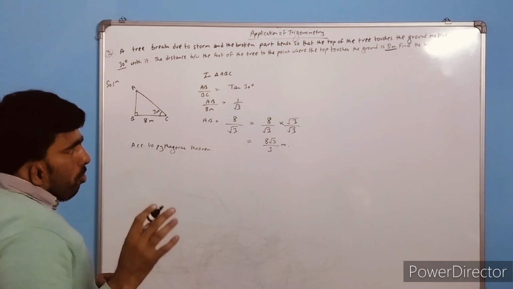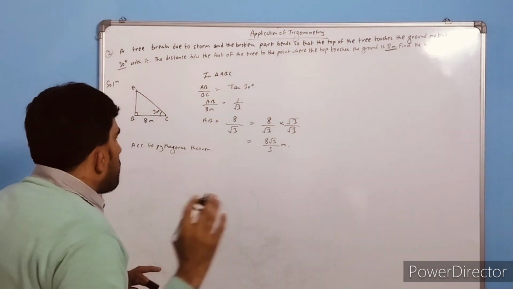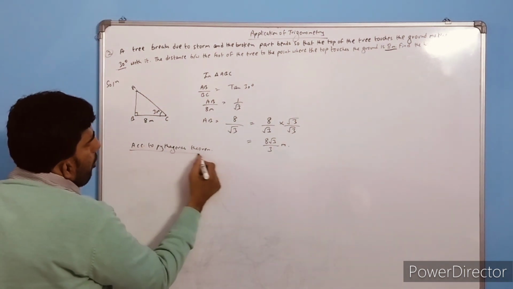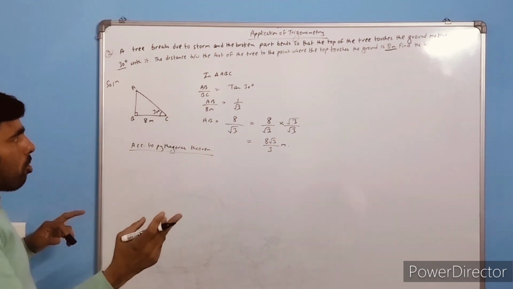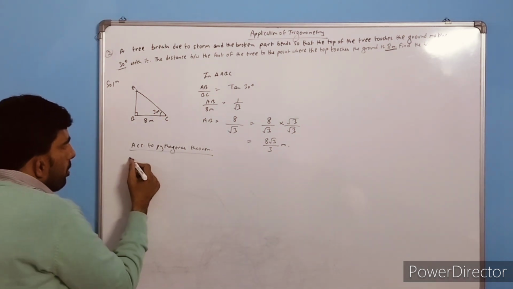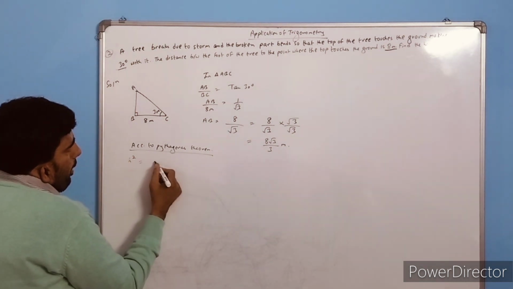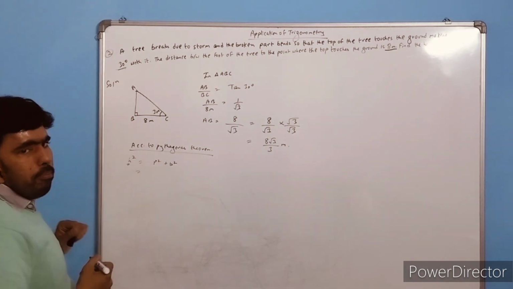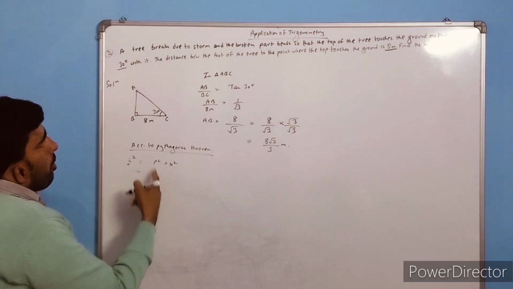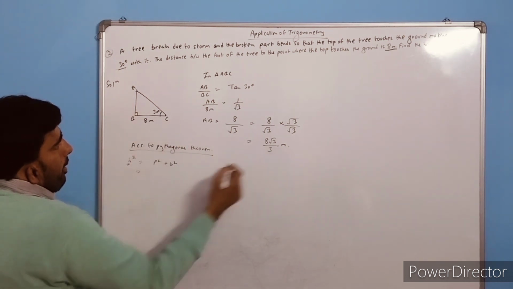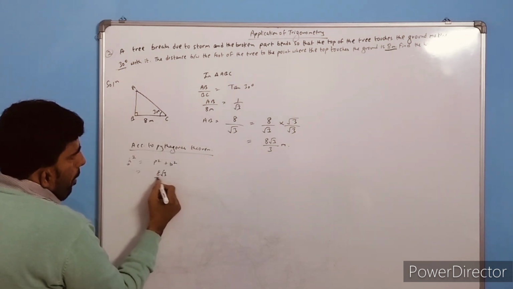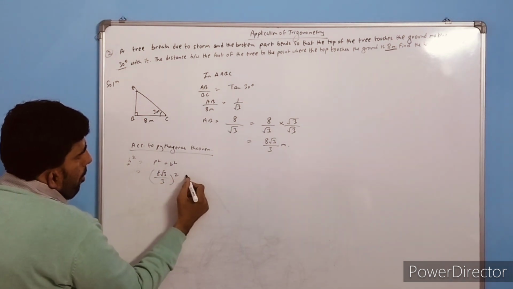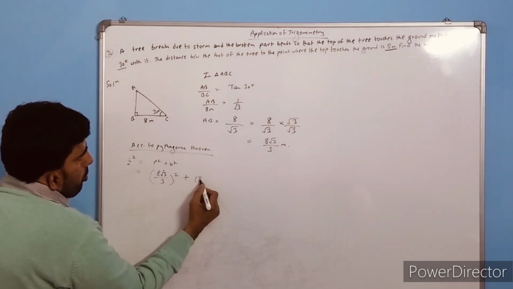I think we can apply two methods. Let us see first one. I am talking about Pythagoras theorem. So what does the Pythagoras theorem say? Hypotenuse square is equal to perpendicular square plus base square. Now we need to find hypotenuse here. Okay. So what is perpendicular? P is, we have just found it, 8 root 3 upon 3 whole square plus base 8 square.